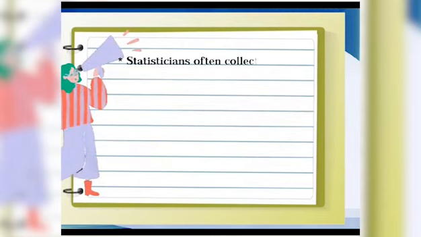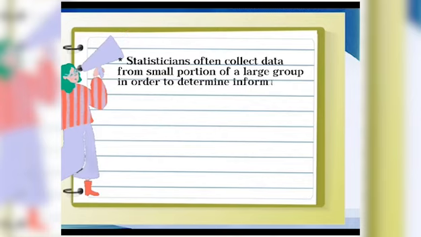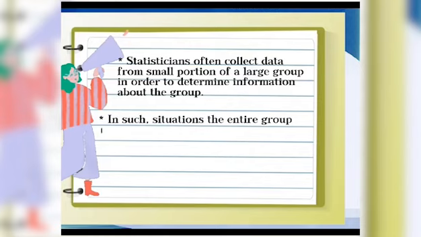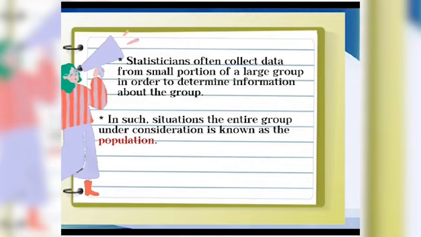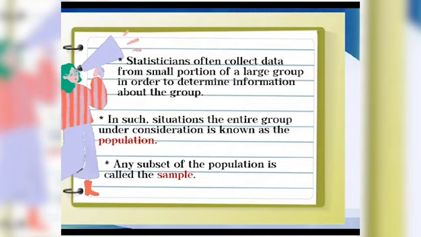Statisticians often collect data from a small portion of a large group in order to determine information about the group. In such situations, the entire group under consideration is known as the population, and any subset of the population is called the sample.